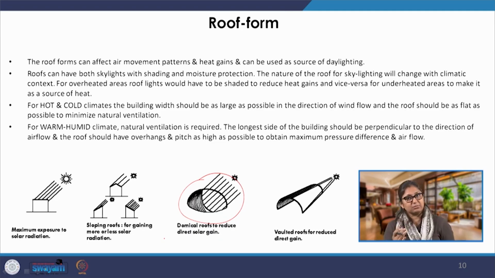At all other times, a large portion of the roof will remain shaded and some portion will be receiving radiation. So, there is less radiation as compared to the flat roof.